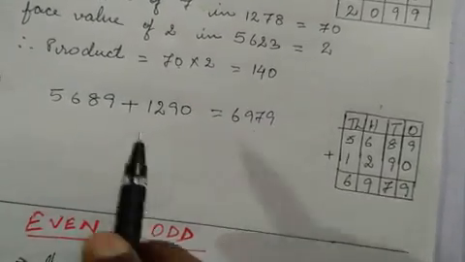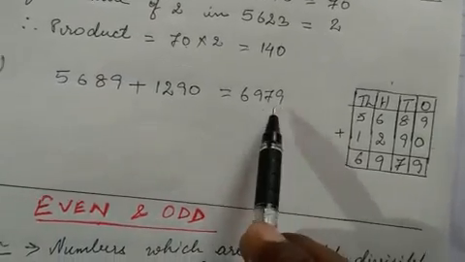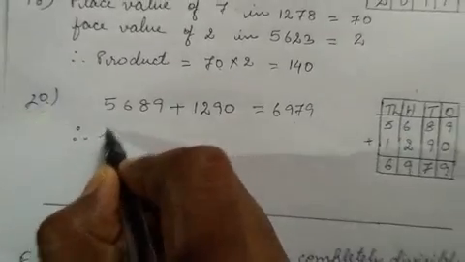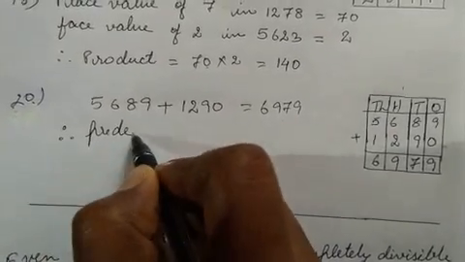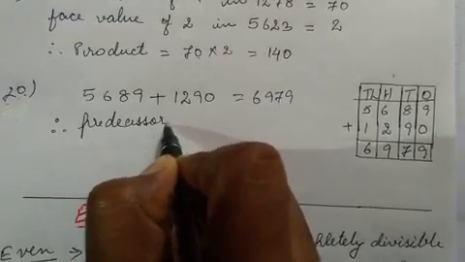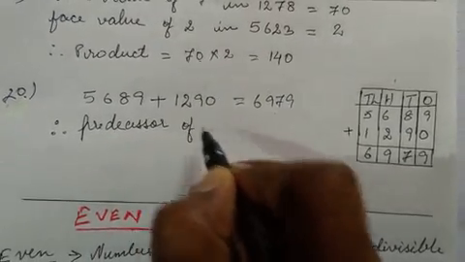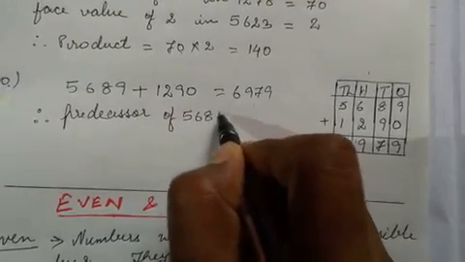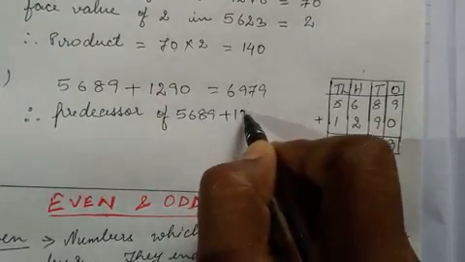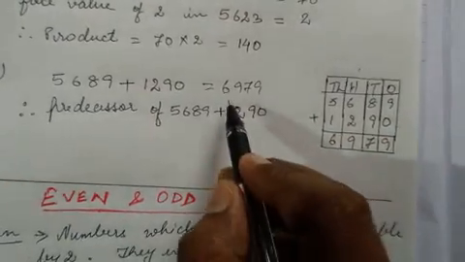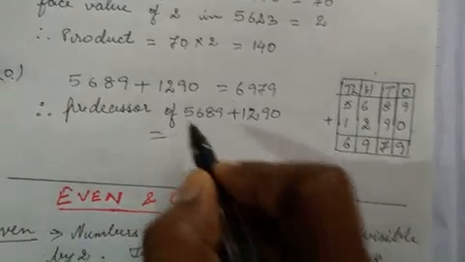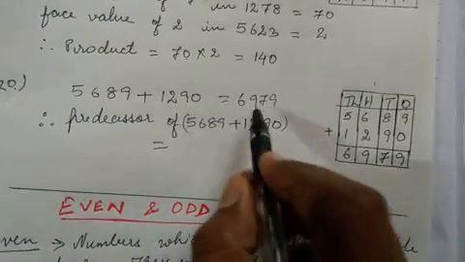Now according to the question, we have to find the predecessor of this number. So we write, therefore, the predecessor of 5689 plus 1290 is equal to this number we have got here.